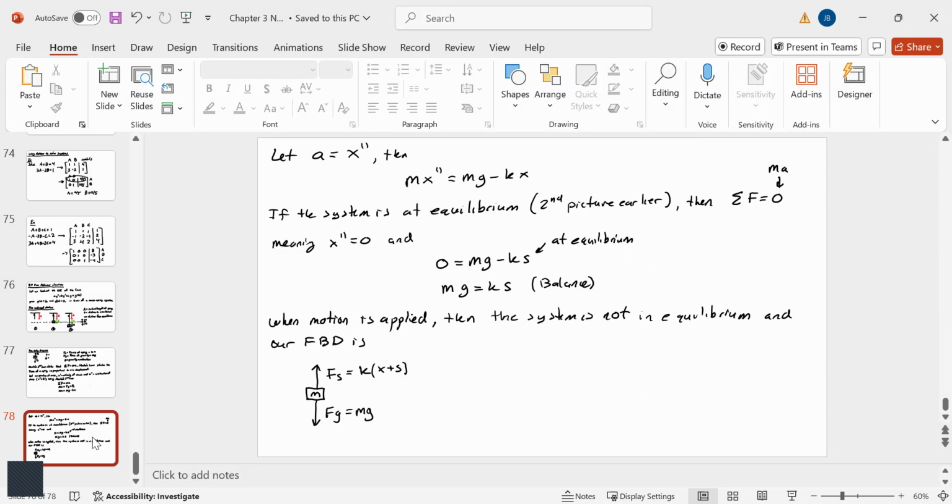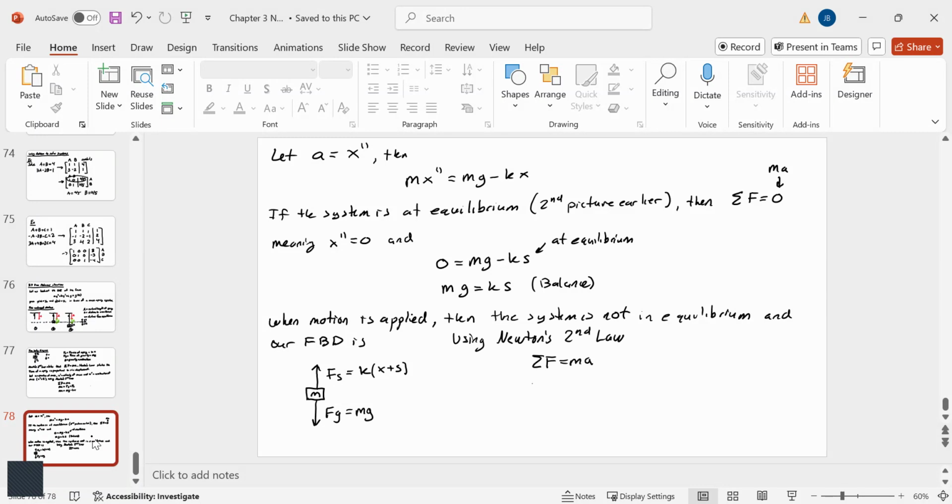So we're going to now go beyond equilibrium, which is where the x comes into play. So then our equations of motion. Using Newton's second law, the sum of the forces equals mass times acceleration.